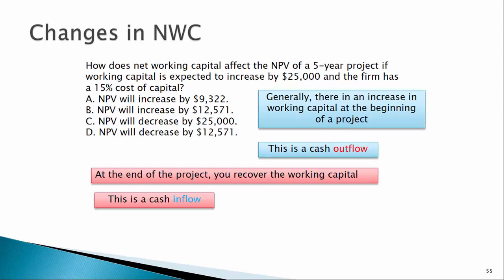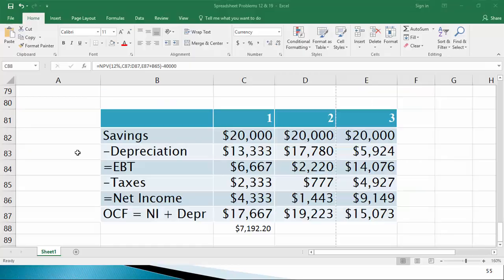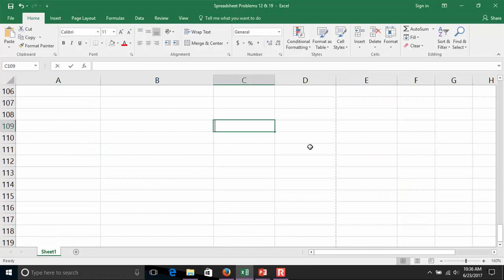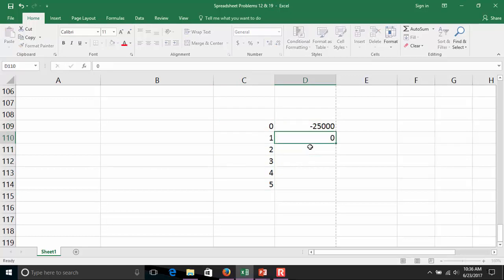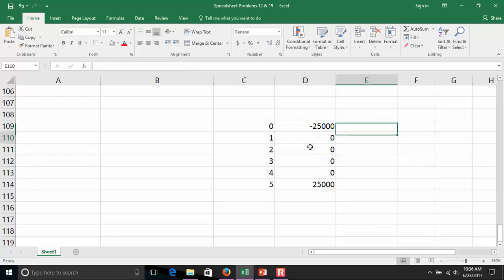And to show you those calculations here, it's like this. At time 0, I spend $25,000 and then nothing happens with working capital along the way, but at the end I get $25,000 back from that working capital. Now the total effect on net present value would be the present value of these two.